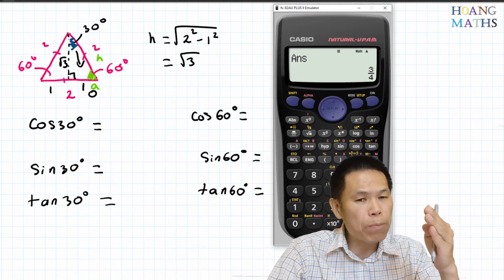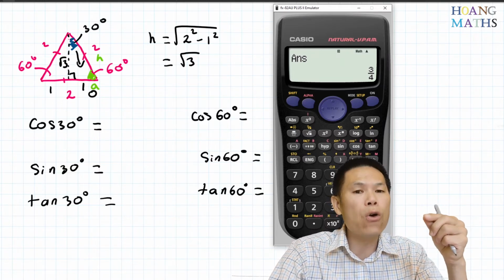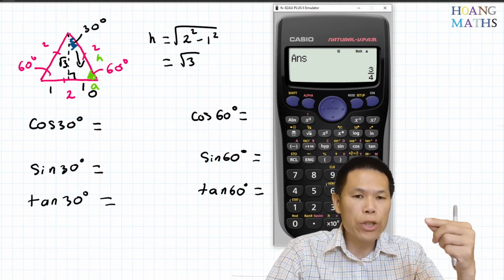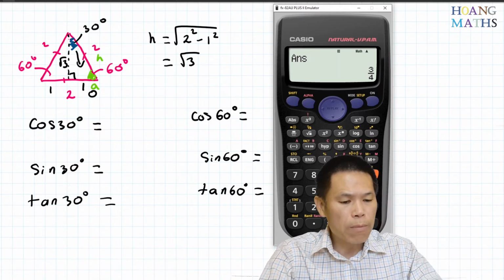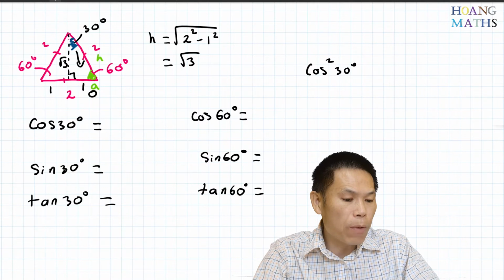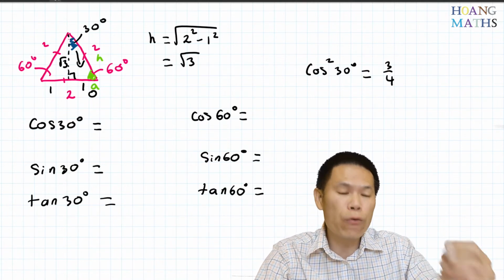So therefore, the opposite of that must be the square root of the answer, which is square root 3 over square root 4. But then square root 4 is 2. So which is root 3 over 2. Let me just write it down so you know what I mean. So we know that cos squared of 30 from the calculator is 3/4. Then we square root both sides.